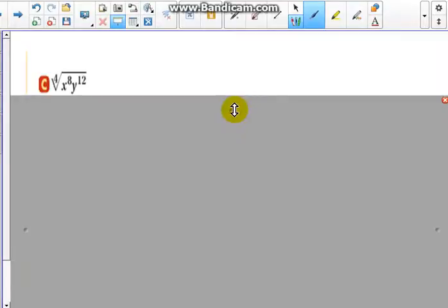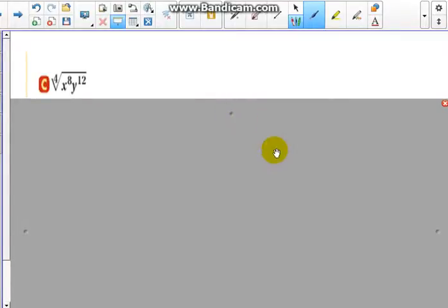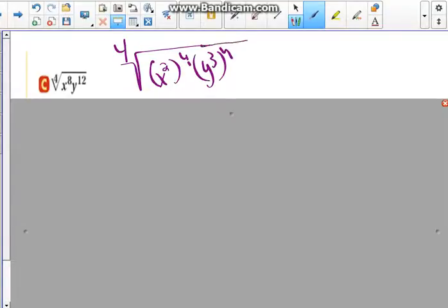So look at C. Now we've got: what's the fourth root of x to the 8th, y to the 12th? We've got to rewrite it first. What can we get to the 4th power? X squared, and then y cubed, to the 4th power, right?